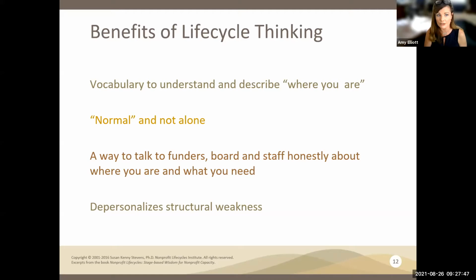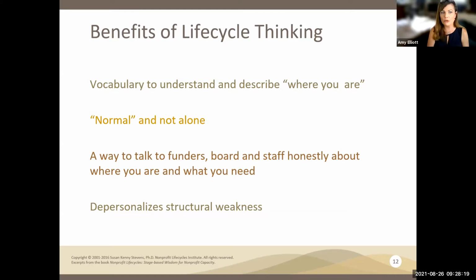That's why I'm in the sector. But what it shows us is that you're normal. You're not alone. We don't ever look at a toddler and go, oh my gosh, why do they keep throwing things and sticking things in their mouth? Well, we know it's normal, right? And so if we could take a step back from our organizations and say, why does this keep happening? And then you go, oh, because it's normal for this life cycle stage. And if we want that to change, we're going to have to do X, Y, Z.